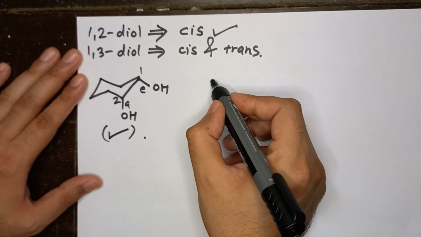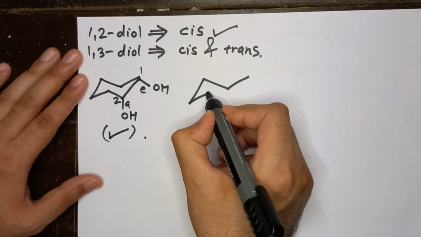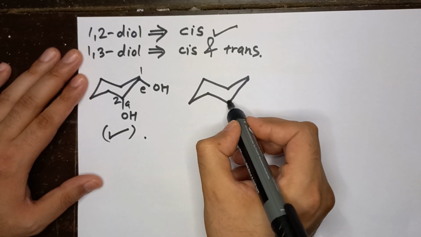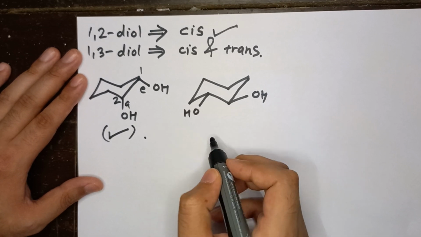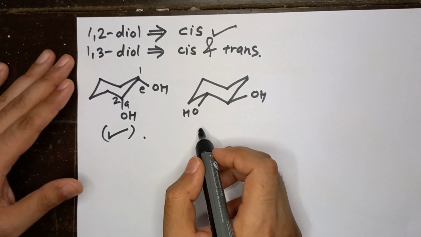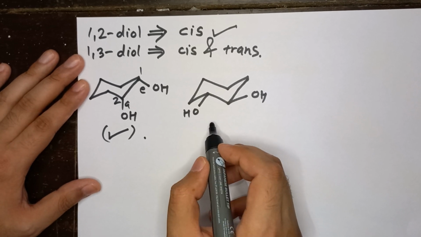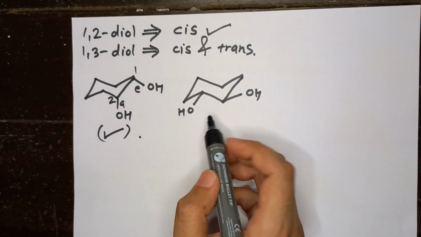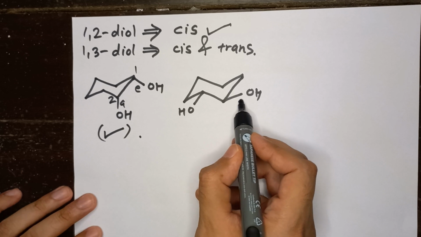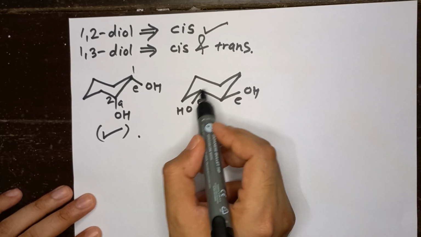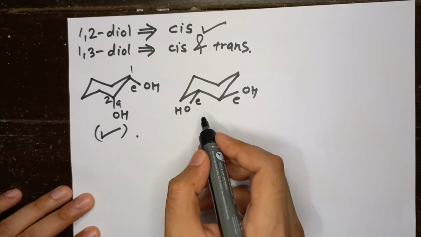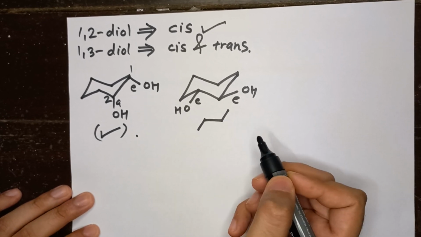Let me give you another example. Okay, this is a second molecule. Will I be able to protect this diol? So this is an equatorial bond and this is an equatorial bond, but these two are in a trans fashion. They are like this, right?